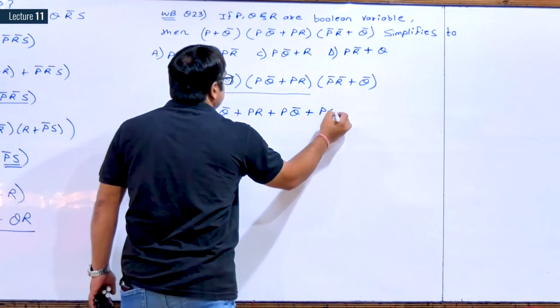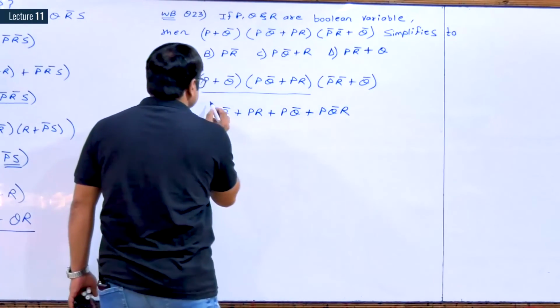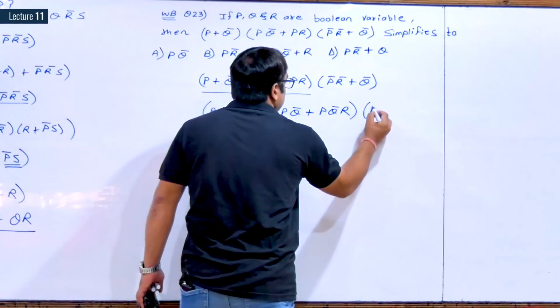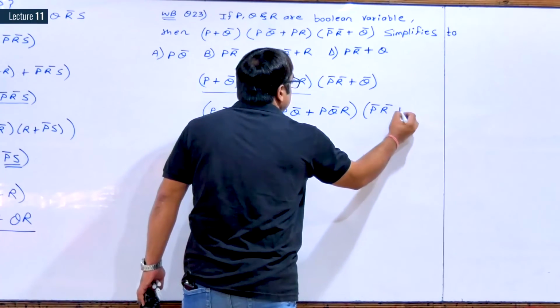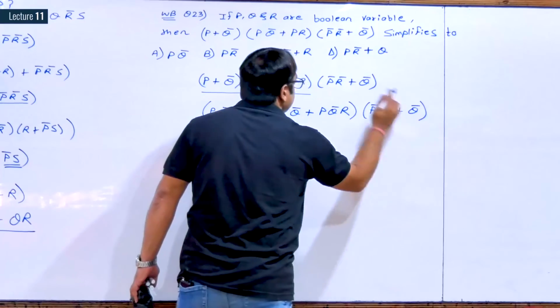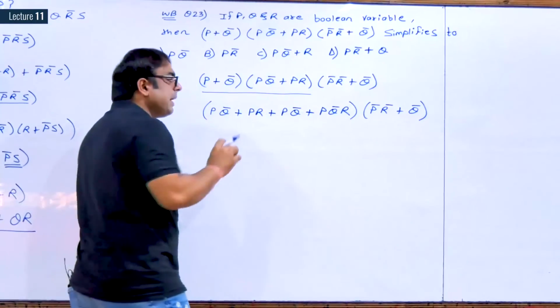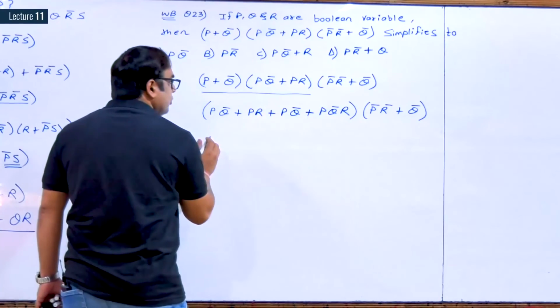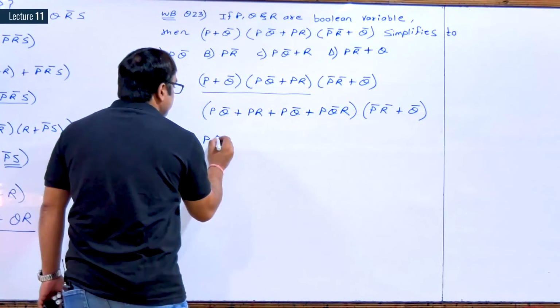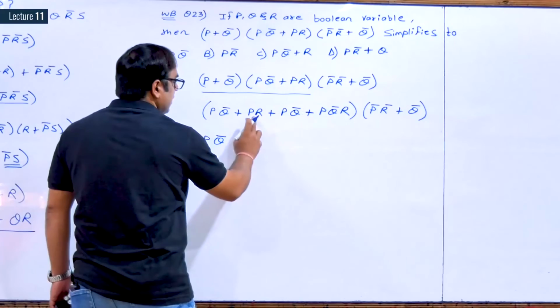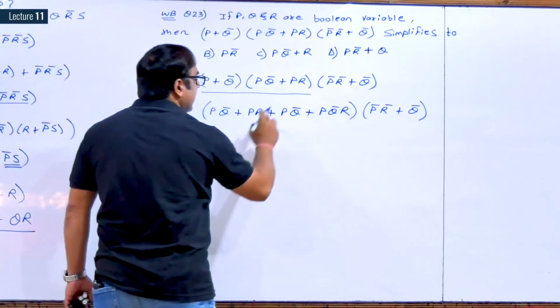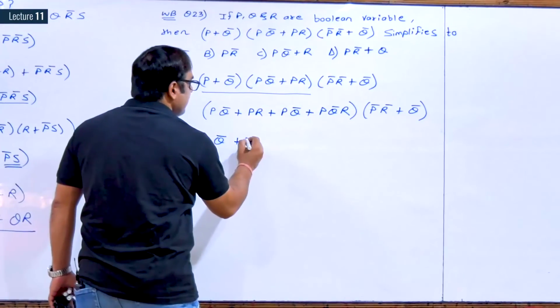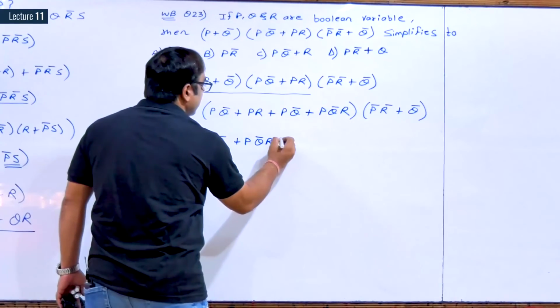This would become PQ complement R. Now I will multiply the last term also. So P dot P complement will cancel out. It would become P dot Q complement. P dot P complement will again cancel out. So it would become P Q complement R.